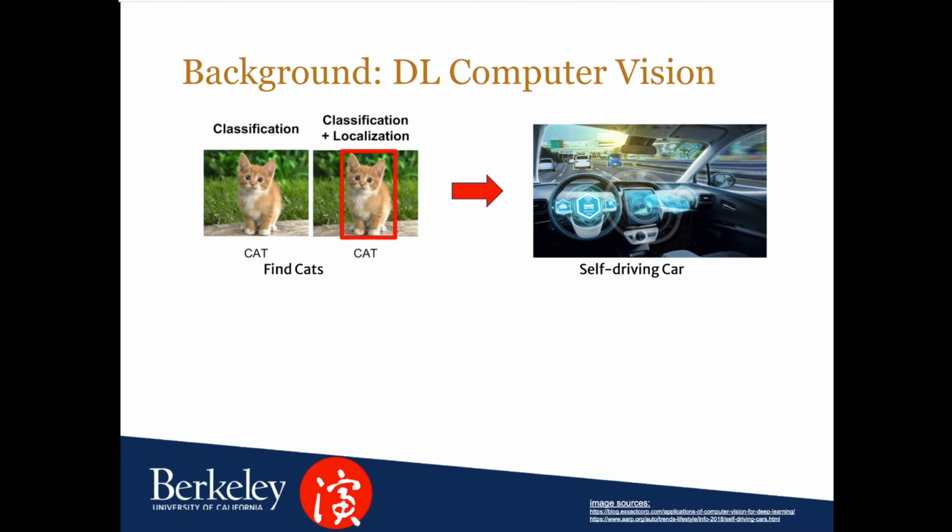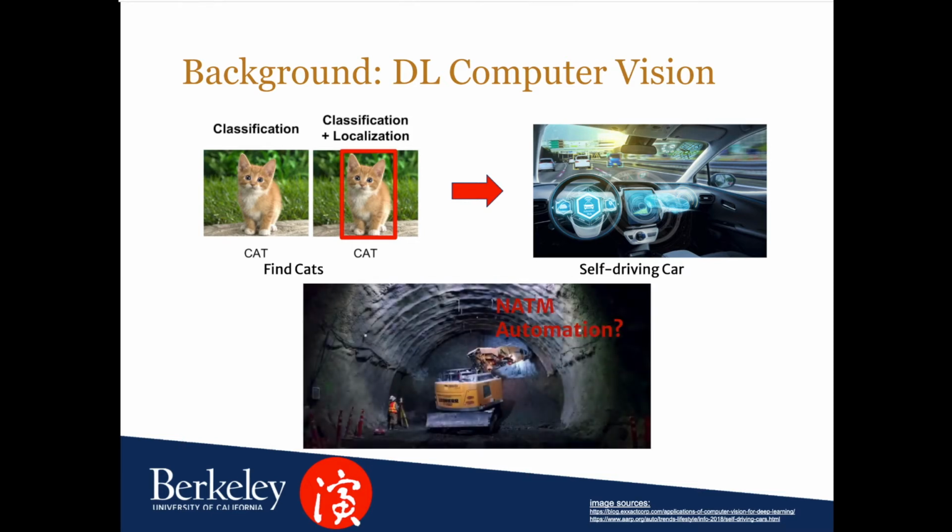The same algorithm, with some modifications of course, can be used to power the self-driving car on identifying objects on roads. In this study, we want to use a similar technique to help NATM automation by automatically generating the construction process record from the modeling of CCTV video.